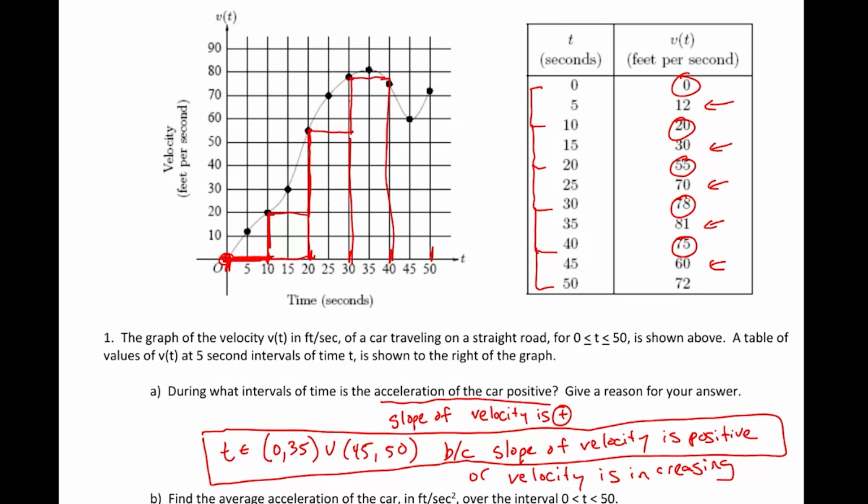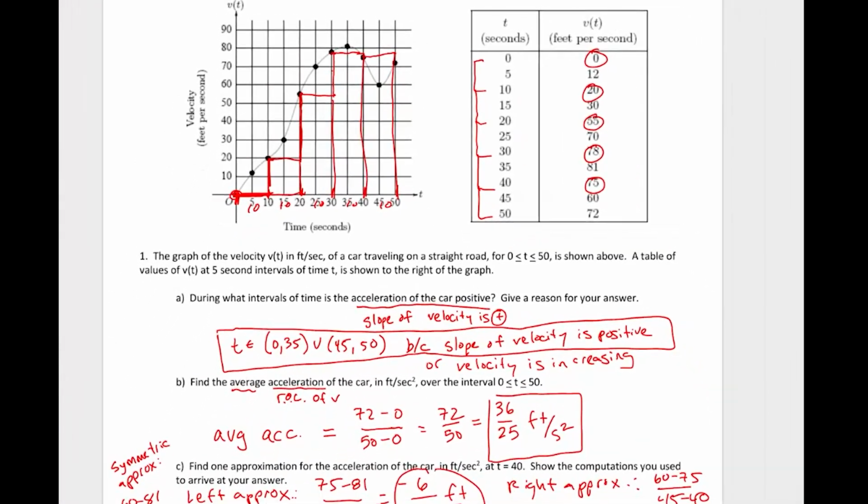And the last rectangle will have a height of 75. Okay, so again, the width of each rectangle here is 10, right? And I'm going to just keep track of these heights over here. So I'm going to have to keep this on screen.